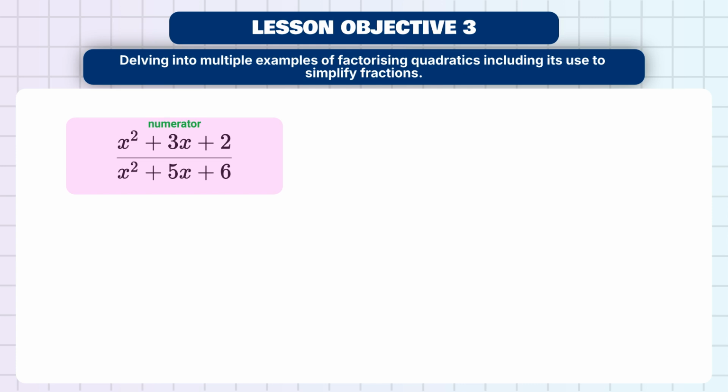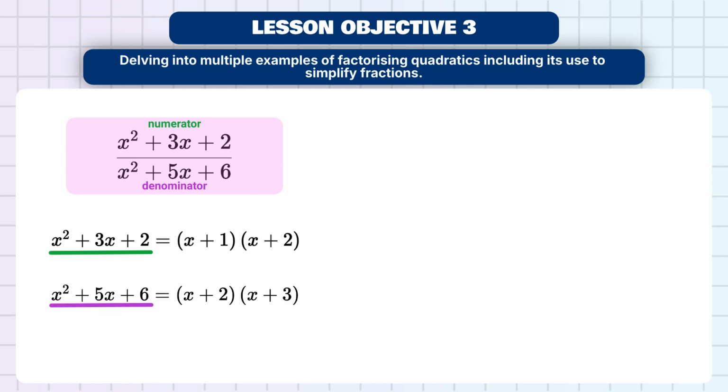Factorizing the numerator, we have x squared plus 3x plus 2 equals (x plus 1)(x plus 2). Factorizing the denominator, we have x squared plus 5x plus 6 equals (x plus 2)(x plus 3).